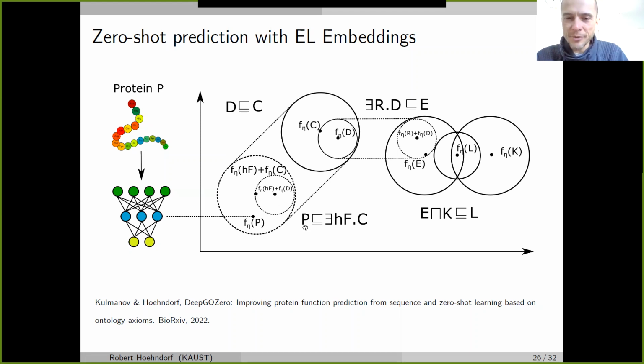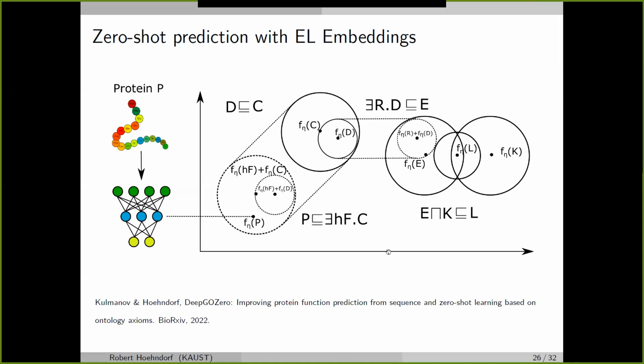But essentially what we are inferring is that this protein is a subclass of things that have function C. So this is the function C, and then we have proteins which have this function C here. And then we can infer also whether it has function D based on the additional axiom here, if we have this kind of structure, where standing in relation R to D is a subclass of E.